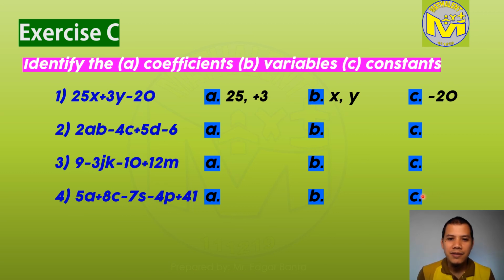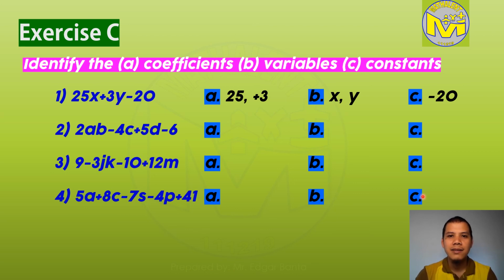So that is for today's lesson. For today's lesson, we have learned about coefficients. Remember, coefficients are usually the numbers that are together with the variables, beside or before a variable. Let's say x. What is the coefficient of x? The coefficient of x is 1.